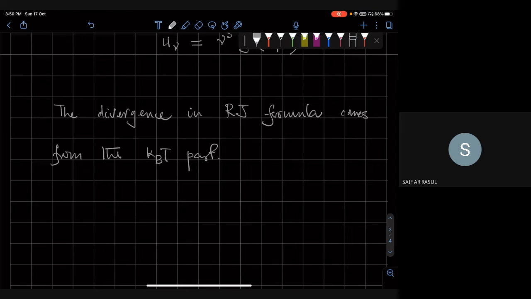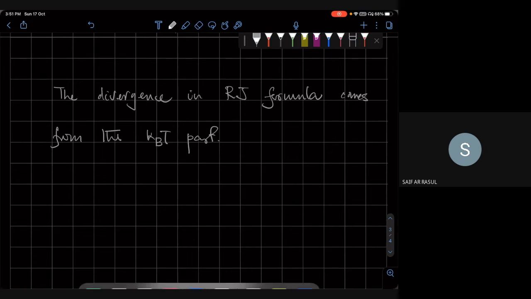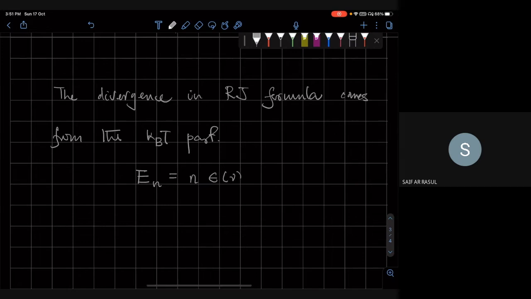Planck said that this can be achieved if we think of the energies of the oscillator to be given by a positive integer times some fundamental unit called epsilon. Okay, and epsilon in principle is a nu dependent quantity.